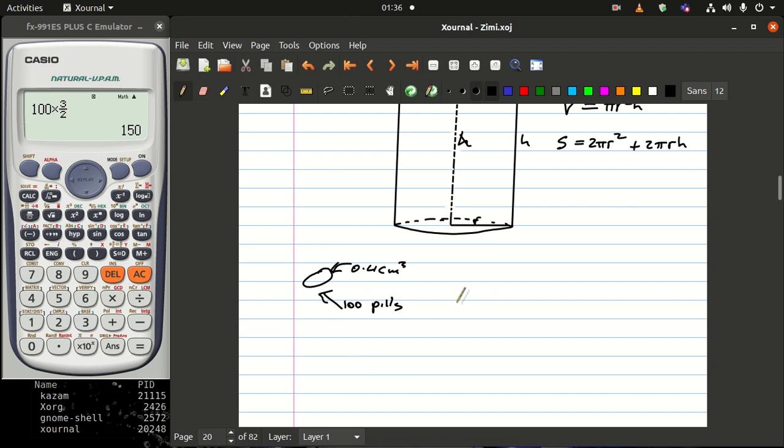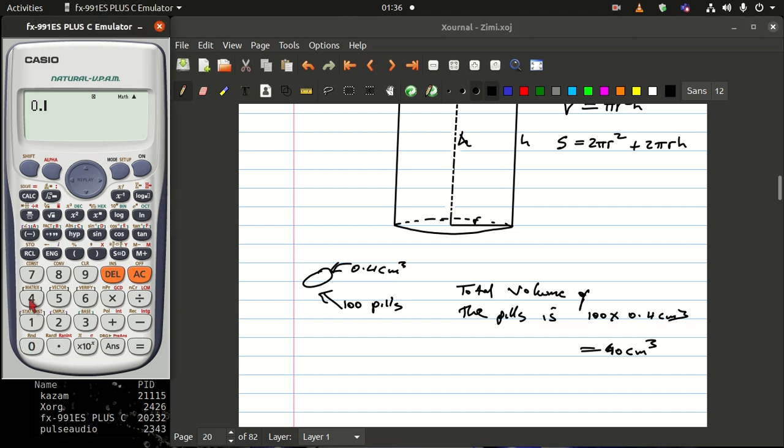So the total volume of the pills is going to be 100 times 0.4 centimeter cube, which is the same, I'm moving the comma 2 times, so it's going to be 40 centimeter cube. That is the total volume of the pills, because each pill is having that volume.